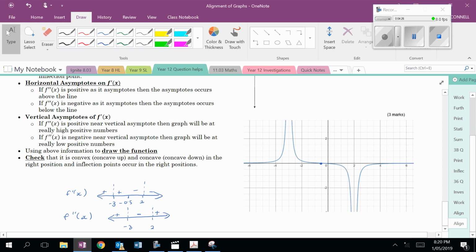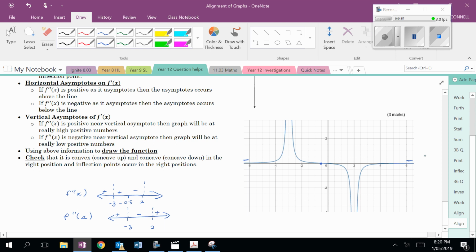So on my original function, if the second derivative is positive, then it will be asymptoting above the line. So here, second derivative is positive, so the original function will be asymptoting above my x-axis. Okay, if the second derivative is negative, then it occurs below the line. But that doesn't occur on this, so both are positive. Second derivative is positive at both ends, so it asymptotes above the x-axis.